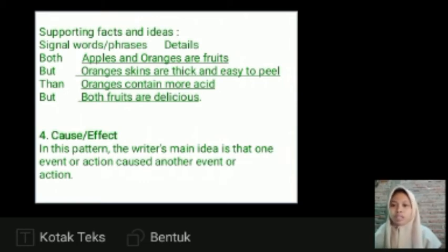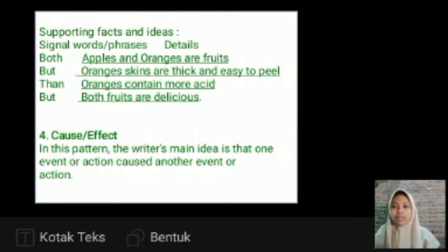The detail is orange skin is thick and easy to peel. The signal word is then. The detail is oranges contain more acid. And then, but. The signal word is both. The detail is both fruits are delicious.